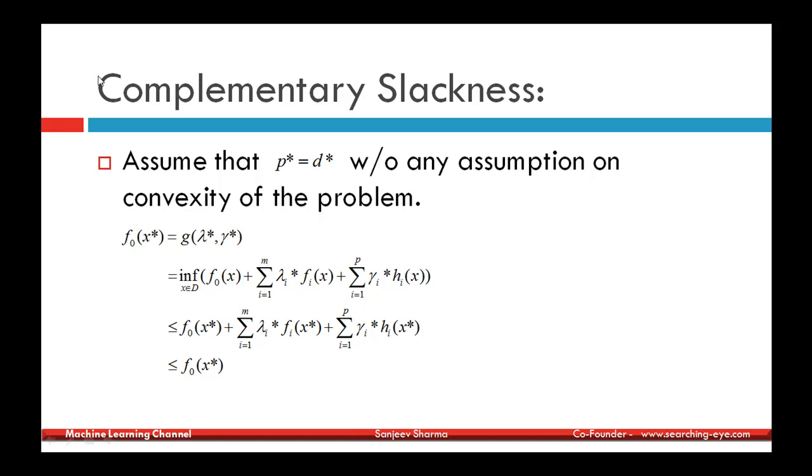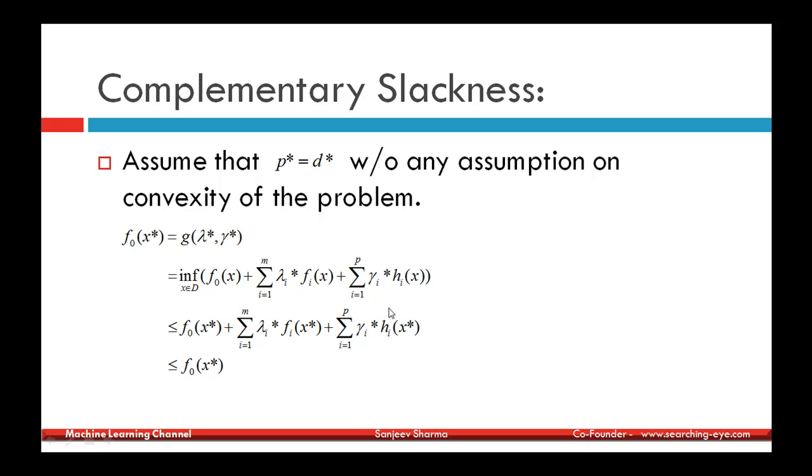And this step follows from the definition of the dual function, which is the infimum over all x belonging to the domain of f naught of x plus the sum over all i from 1 to m of lambda i star times fi of x plus the sum over all i from 1 to p of gamma i star times hi of x. And this expression is always going to be greater than or equal to this expression, since we are taking the infimum with respect to x. Therefore, for any other x, this expression will always be greater than or equal to this expression.